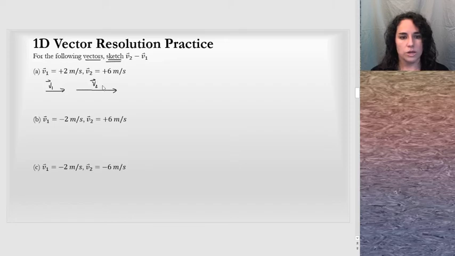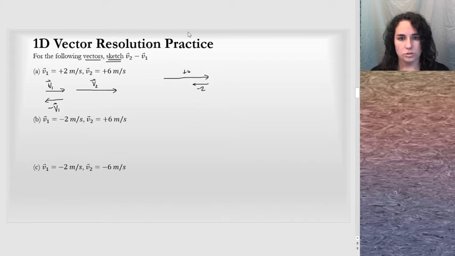Here's V2. So if I want to do V2 minus V1, I'm going to have to take V2 and add on a negative V1, and so I'm going to do this, negative V1, right? So if I take V2, which is a positive 6, and I add on a negative V1, which would be a negative 2, right?